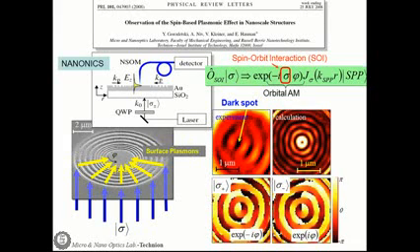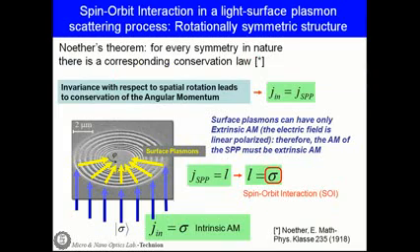So we can write the field, the surface wave, as a spiral phase where the topological charge is equal to the incident spin state, multiplied by a Bessel beam. We can understand it from a conservation law. We know that invariance with respect to spatial rotation leads to conservation of the angular momentum.